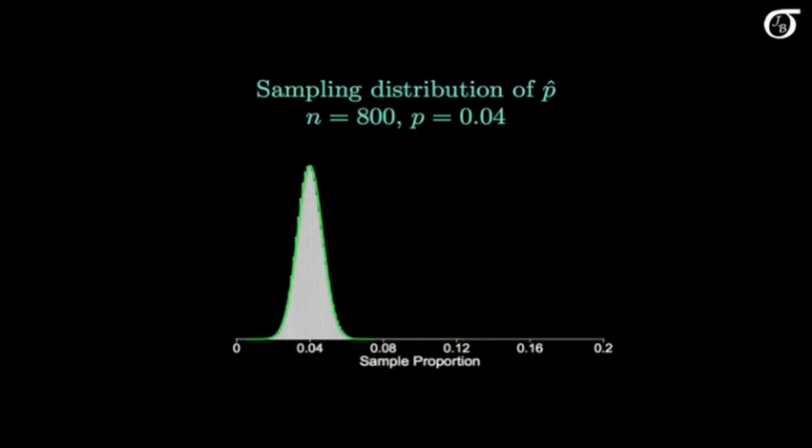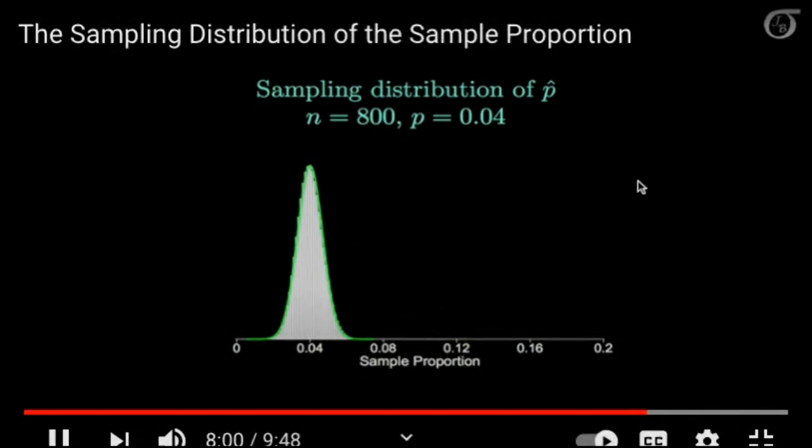So that's the situation when p is close to 0. For values of p close to 1, we see something very similar, just the mirror image. Okay, so the important point is, when p is close to 0, your sample size must be extremely large. In this one, we have an n of 800.